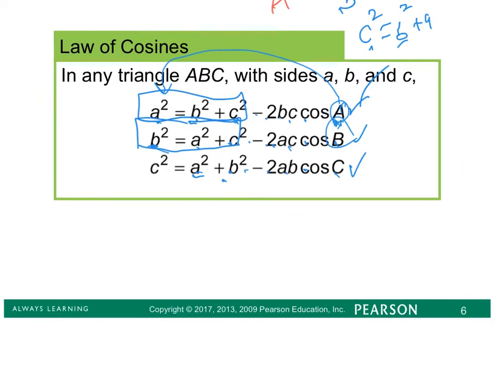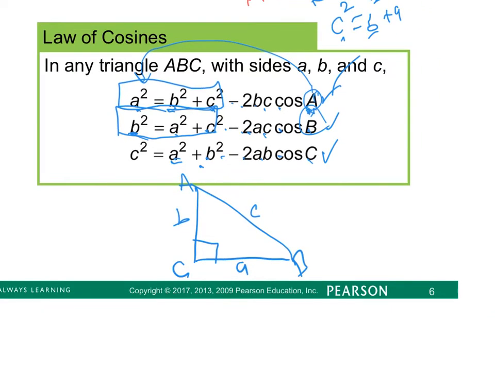Now, you may not realize this, but Pythagorean theorem actually works in this problem. Because if angle C is a 90-degree angle, and I'll call these A and B, so this is side A and this is side B, let's see if it works.